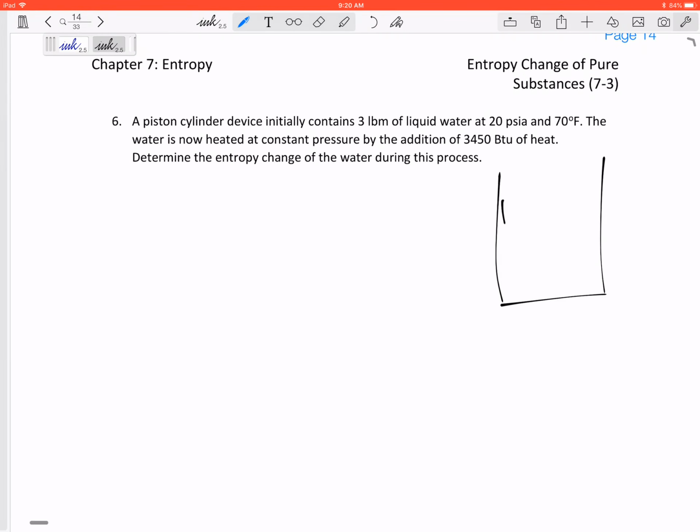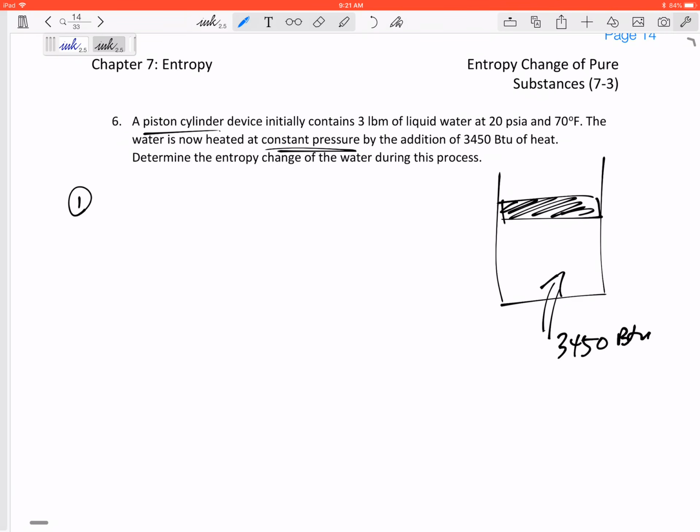Alright, so we've got this piston cylinder device, a constant pressure device. We're adding 3450 BTUs of heat. We want to know the entropy change of the substance.